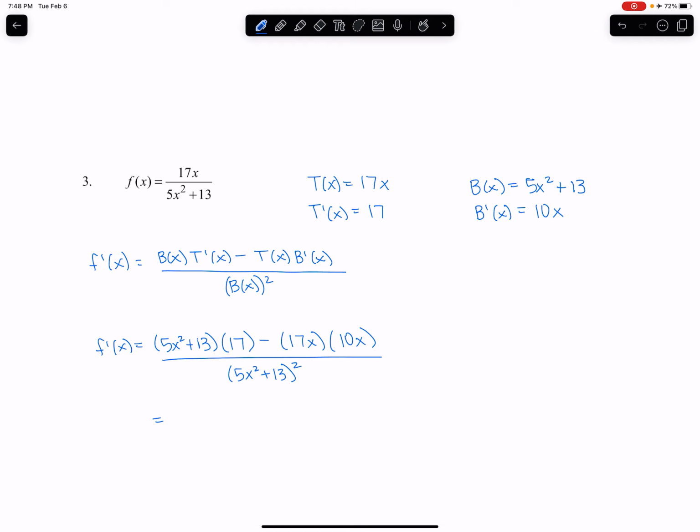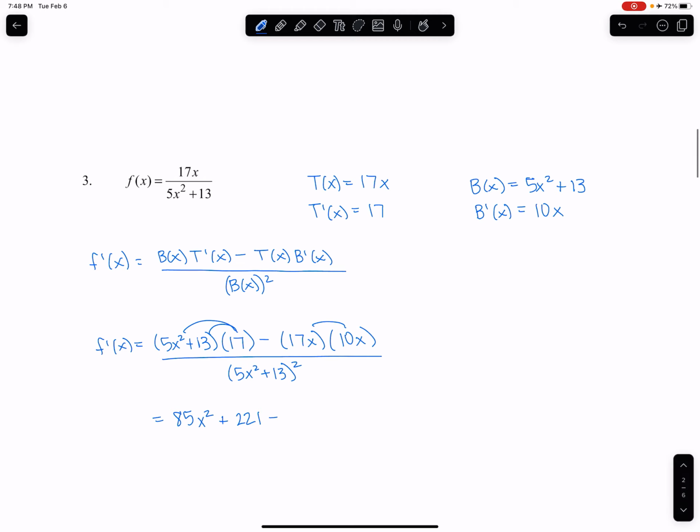This is going to give us, after we distribute and multiply, 85x squared plus 221 minus 170x squared over 5x squared plus 13 squared.